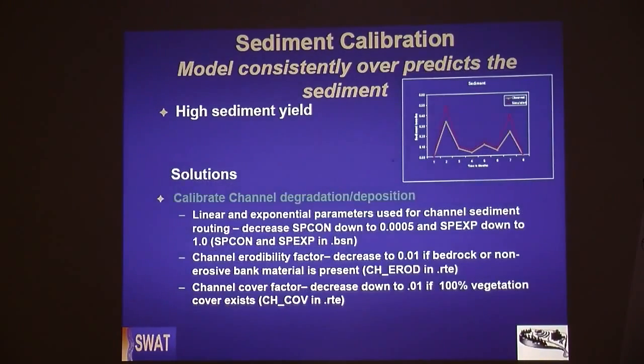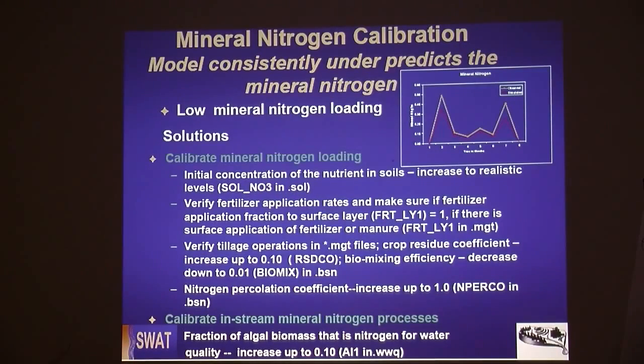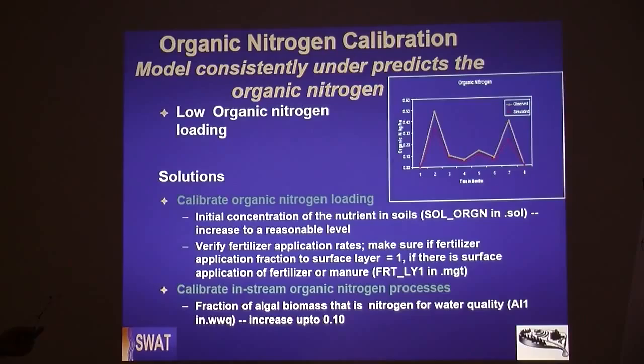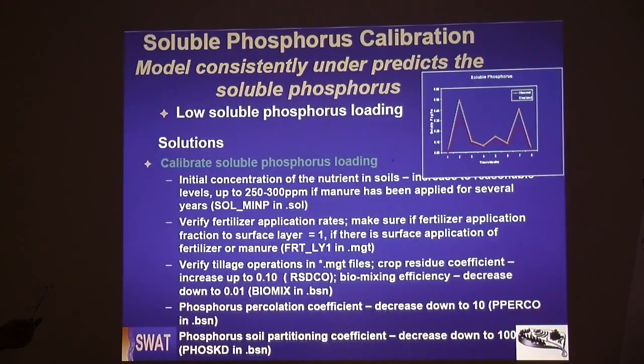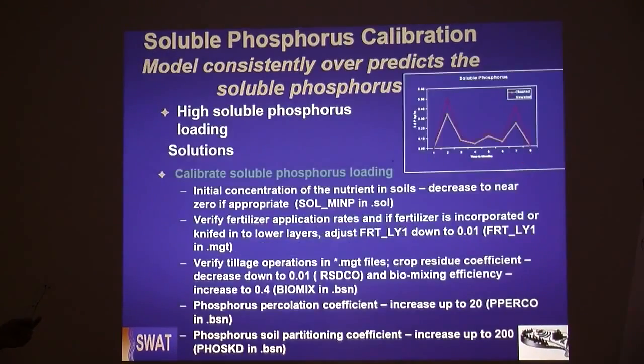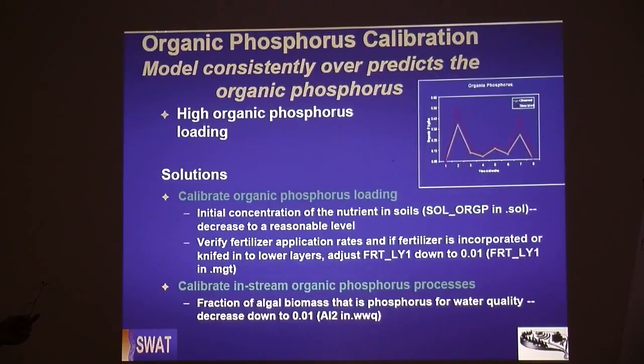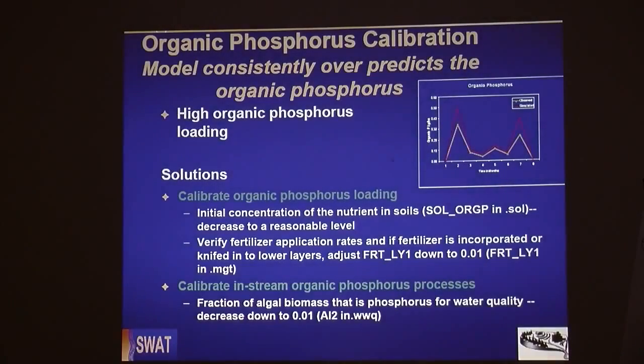Again, for sediment, there are different situations, high sediment yield, and so on. This is nitrogen. So this is what you do if you have different situations with nitrogen and organic nitrogen, phosphorus, and so on. You will find this quite handy when you come to doing this.